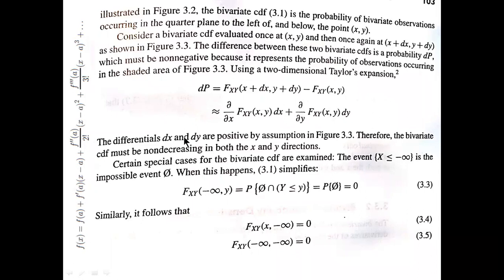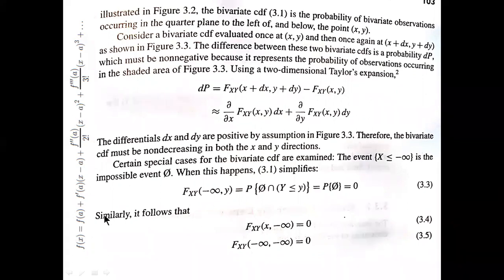First term will get cancelled. F of xy of x comma y will cancel with f of xy x comma y. So second term for x is this, and third term for that will be, naturally I should change this to x to y rather. So we'll get this.